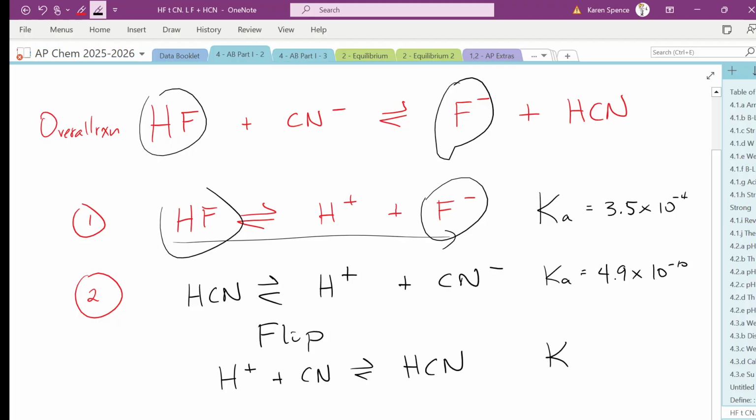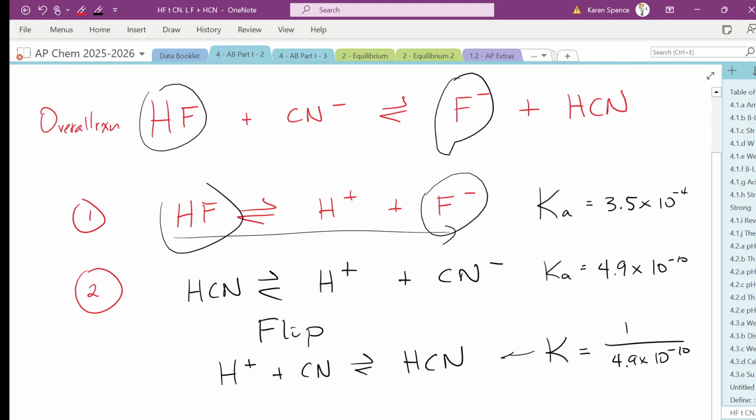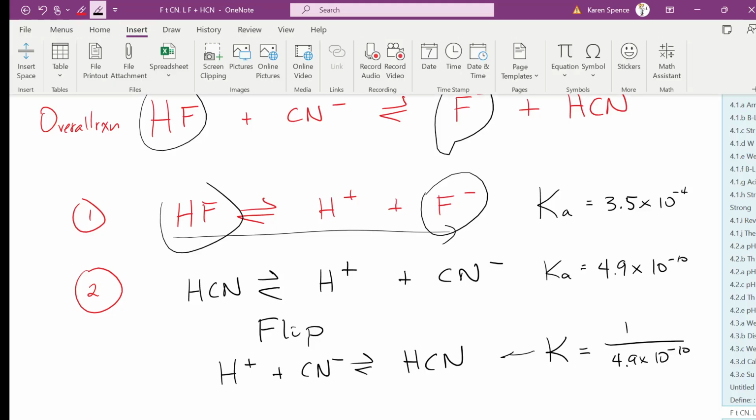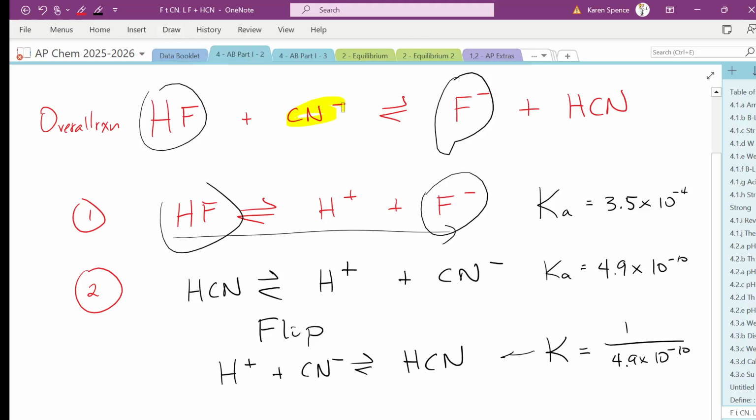So that's 1 over 4.9 times 10 to the minus 10. Because I want to have my CN minus in my reactants, and I want to have my HCN in my products.